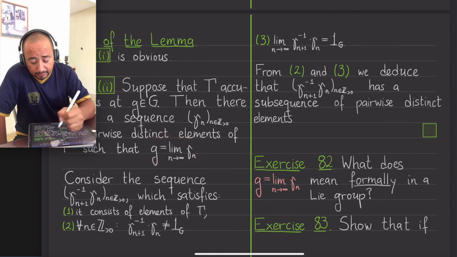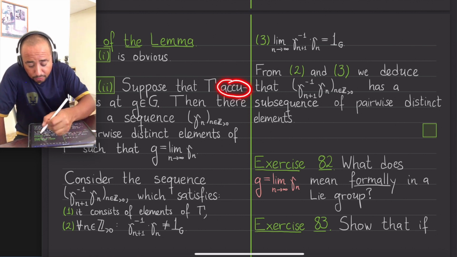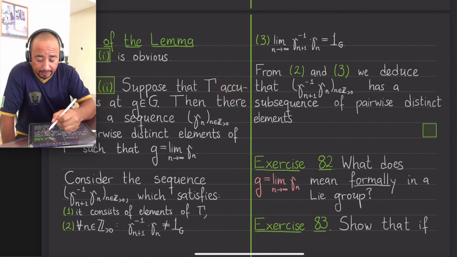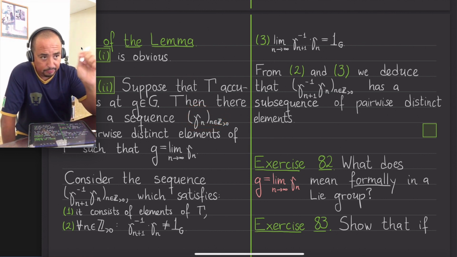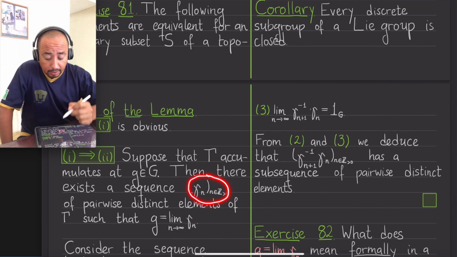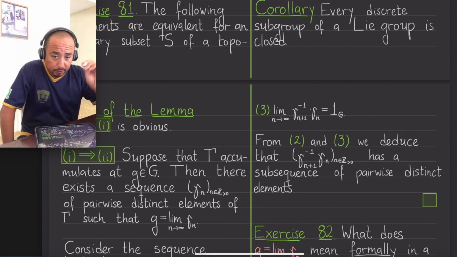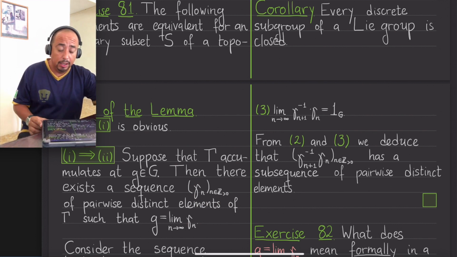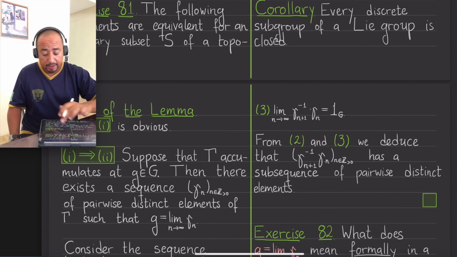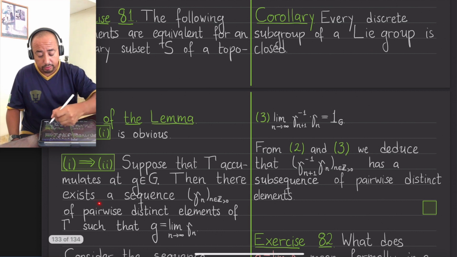And you see, since it's accumulation, the sequence that you pick, it is possible to pick it with a rather specific property: that it does not repeat elements.